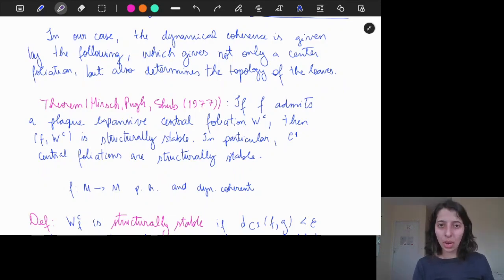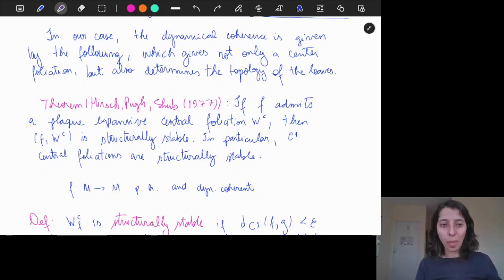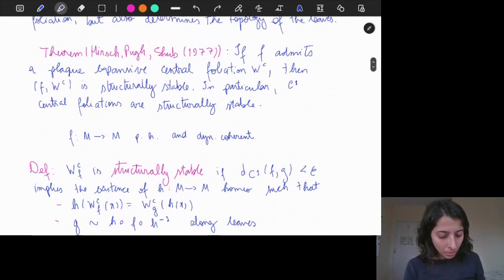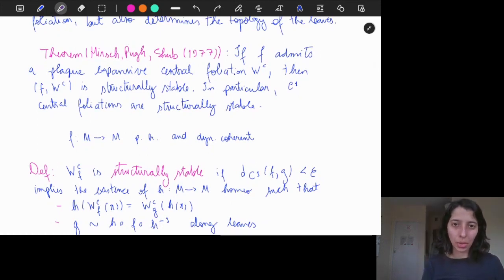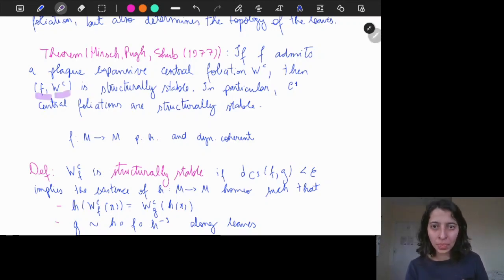This result gives not only the existence of the center foliation, but it also tells us about the topology of its leaves. So if the map has a plaque expansive center foliation, then this map, together with the center foliation, is structurally stable.